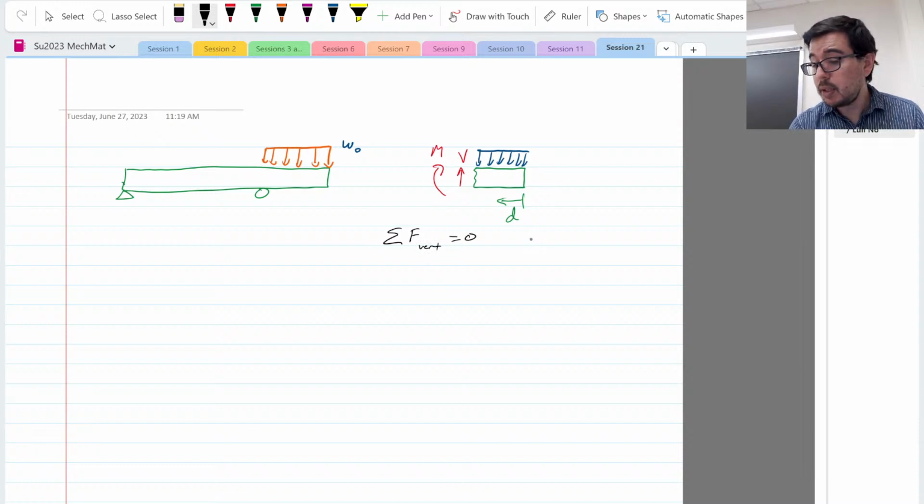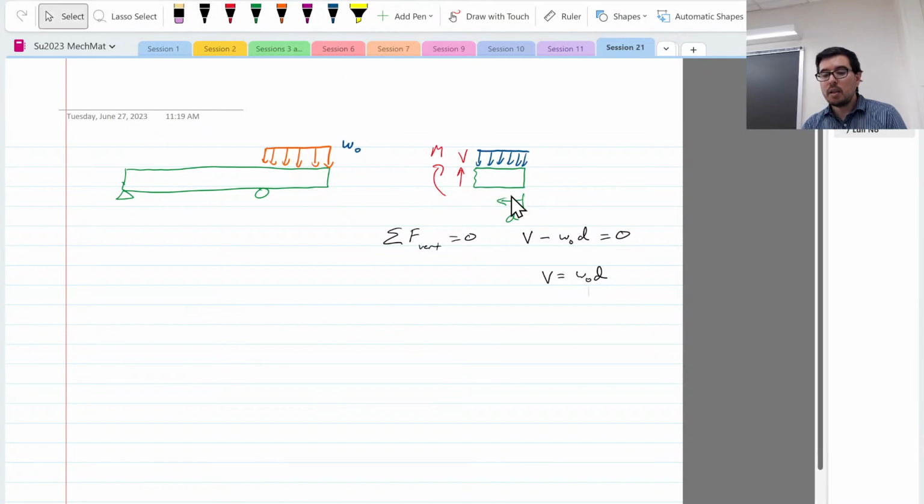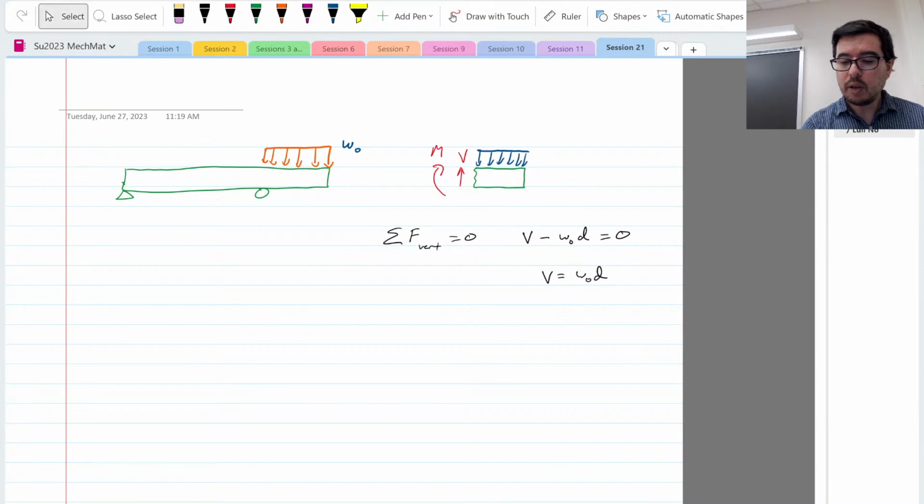Then what I can say is, well, V minus W naught times D is equal to 0. So the internal shear force, V, is just W naught D, okay? Maybe I should have drawn D a little bit more clearly. D is actually coming out to this location, right?